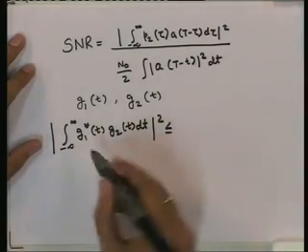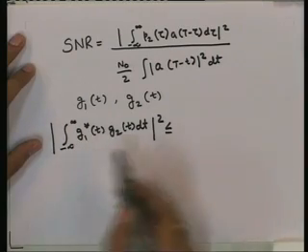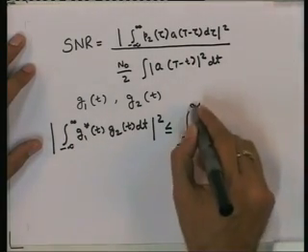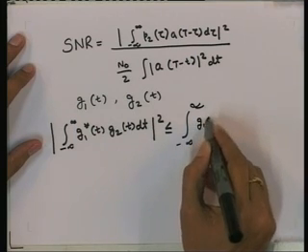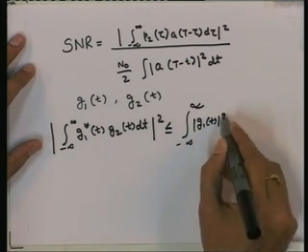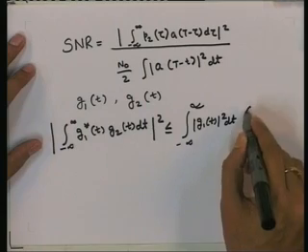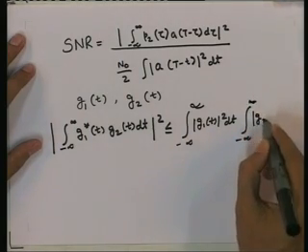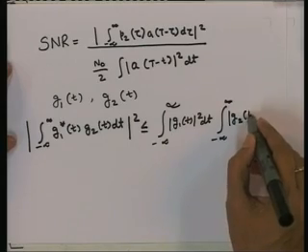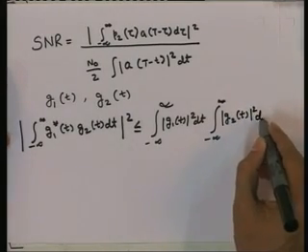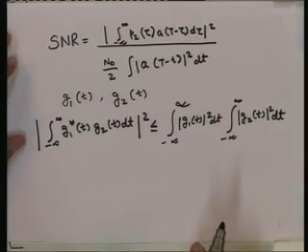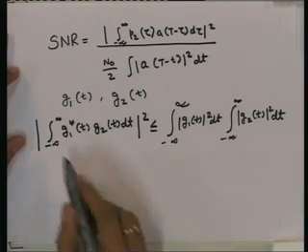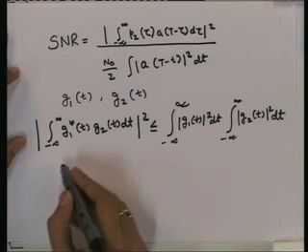Instead of doing this, if you take the energy of each, then that will be bigger than this quantity. Energy of g1 is the integral of g1(t) mod square dt times the energy of g2(t), which is the integral of g2(t) mod square dt. This is the Cauchy-Schwarz inequality.